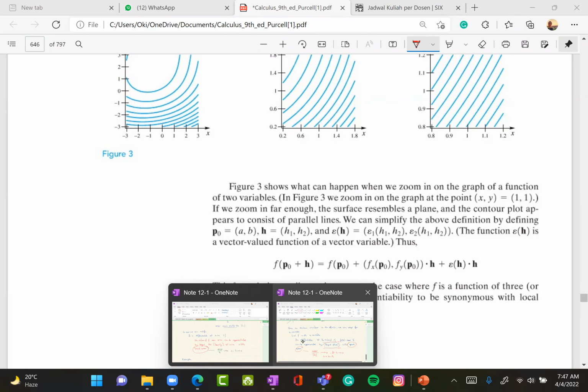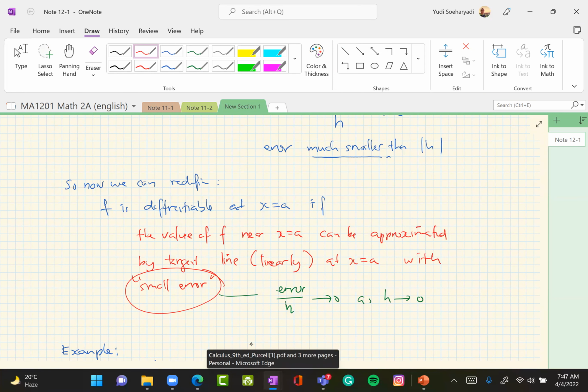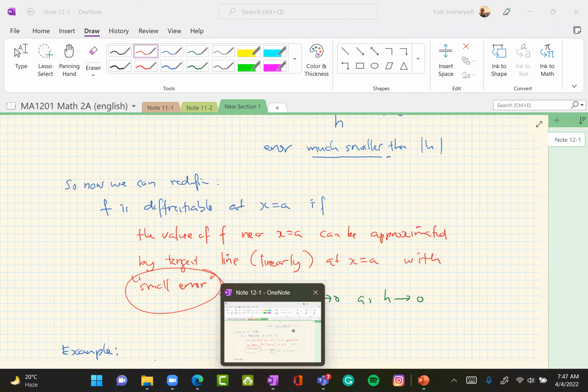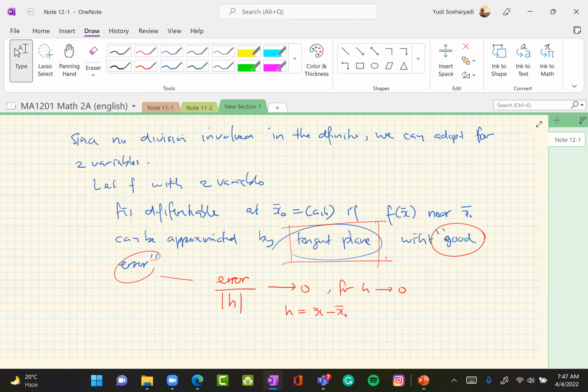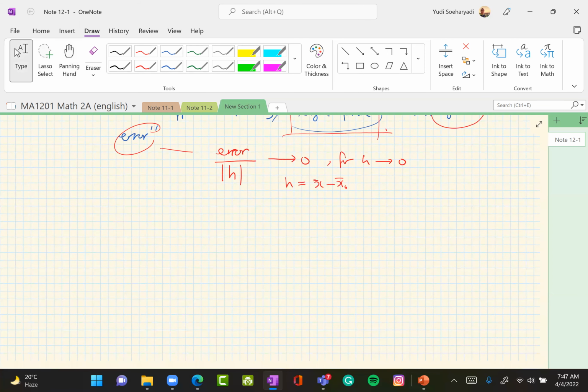Why do I have two notes? f is locally linear if x is now a vector, plus, let's see, let me rewrite this.